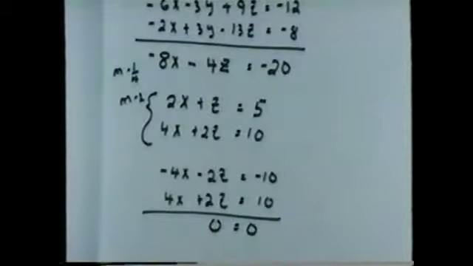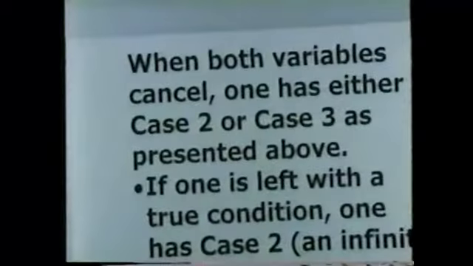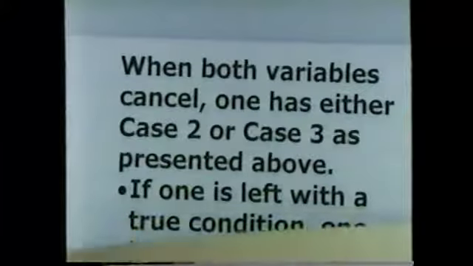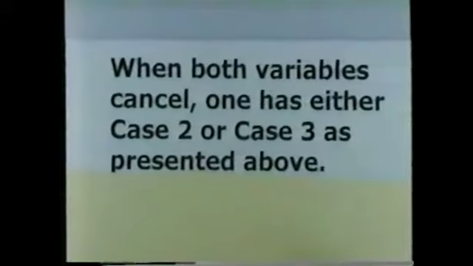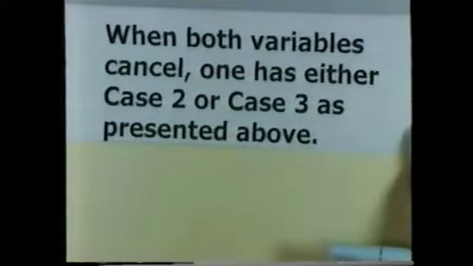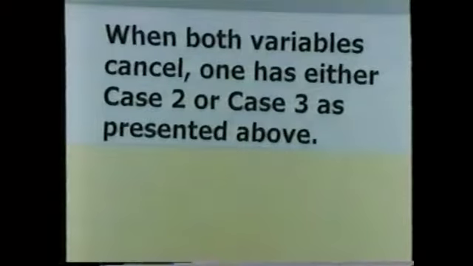Okay, we'll come back to that in just a moment, but I want to tell you what's happening. When both variables cancel, one has either case 2 or case 3 as presented above.